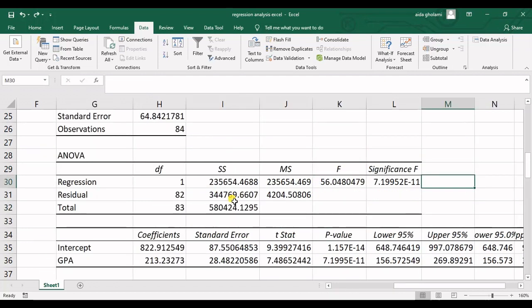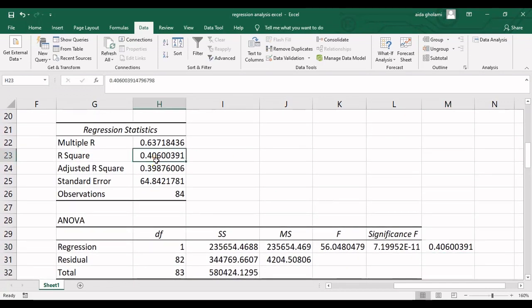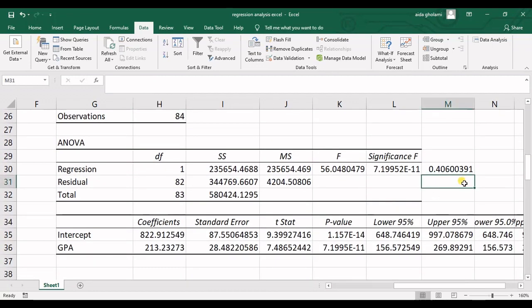If you want to know the R squared here, you can simply divide the modeled sum of squares by the total sum of squares, and you can see this number is the same as this one. As we say, logically, we define the R squared as the part of the data that is represented by the model. So this is model divided by the total. Okay, so that's for sum of squares.